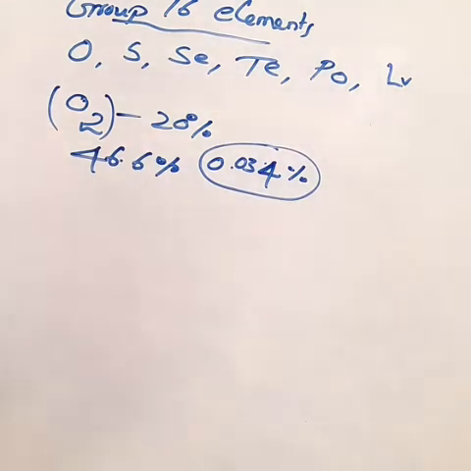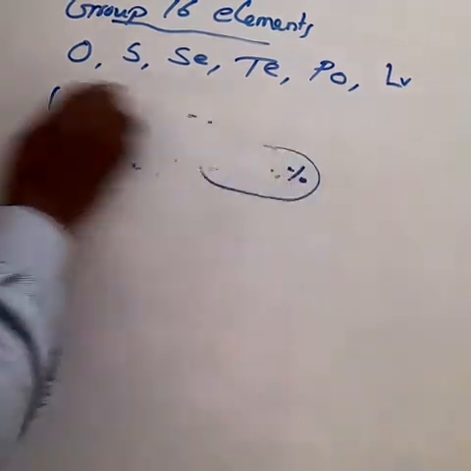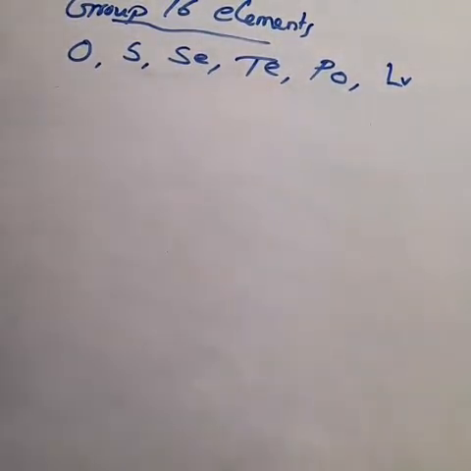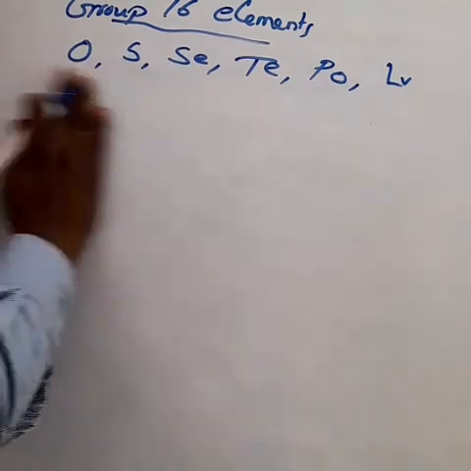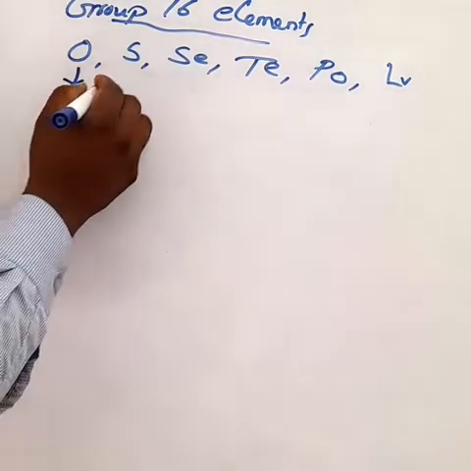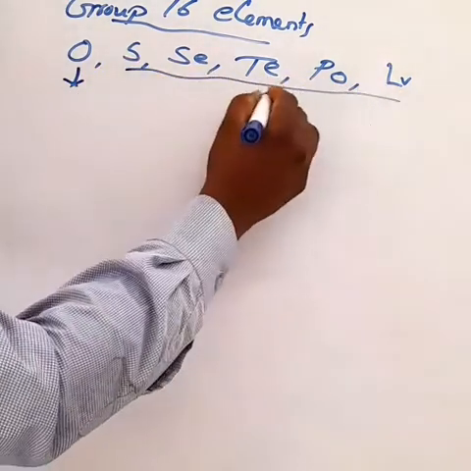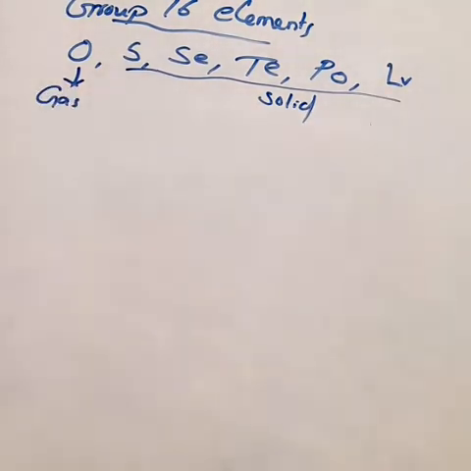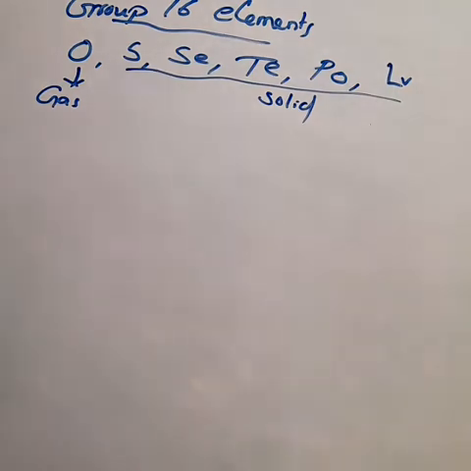Next, what are the physical properties? We know oxygen, sulfur, selenium, tellurium, polonium. Out of these, except oxygen, all others are in the solid state. Oxygen is the only gaseous form, at a temperature of about 293 Kelvin.